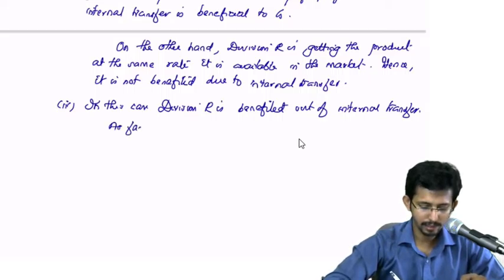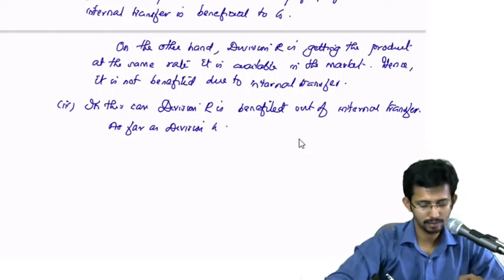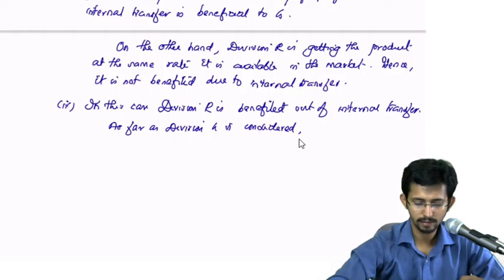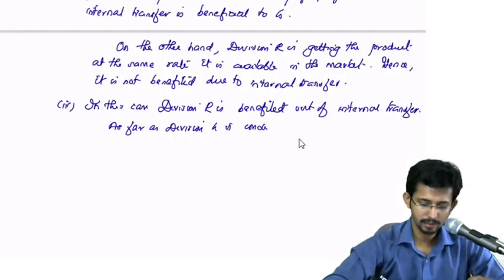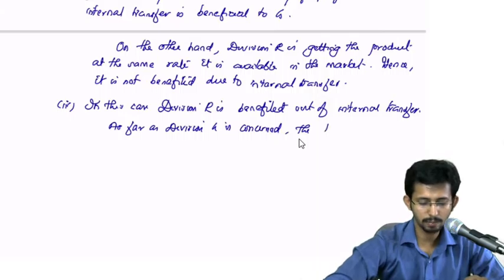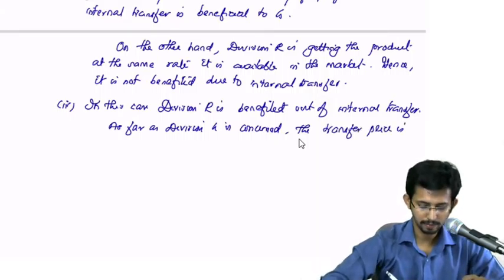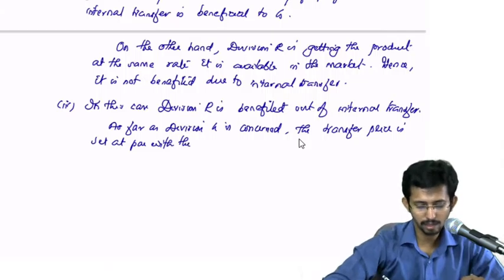As far as division G is concerned, the transfer price is set at par with the marginal cost.